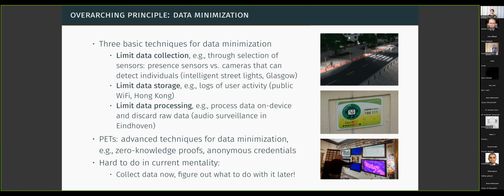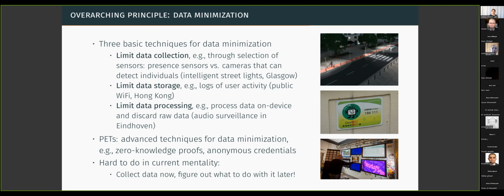Then these audio sensors might be capable of capturing all kinds of sensitive conversations. So maybe we can process the audio streams on the device and only send on a flag, fight is breaking out now, or all quiet. And that way, no sensitive data even gets to systems that could store them.